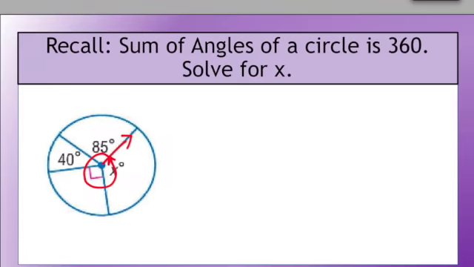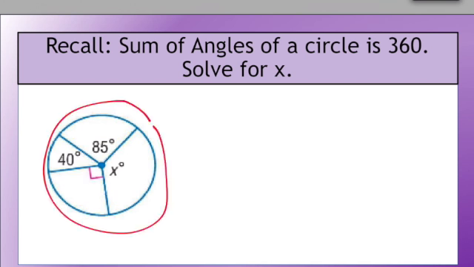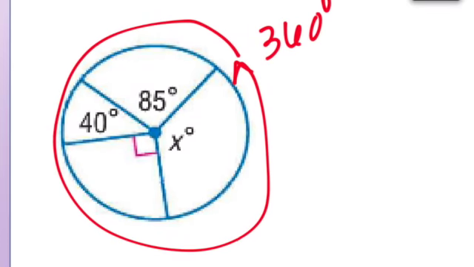So if I go all the way around a circle, it will be a total of 360 degrees. That means all of the angles here are going to have to add up to 360.